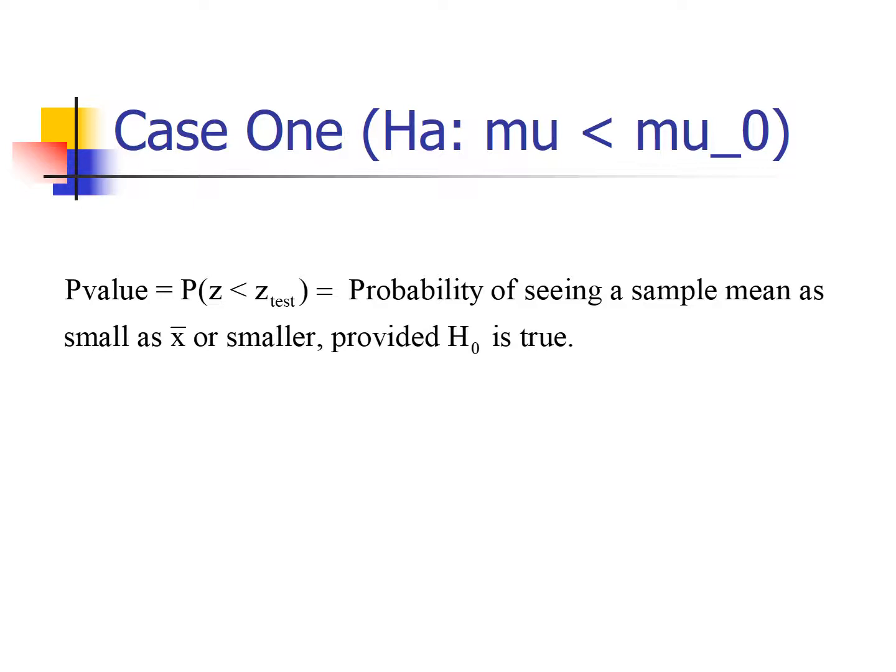And so our test statistic, which is the number of standard deviations above or below the hypothesized mean, should be negative.